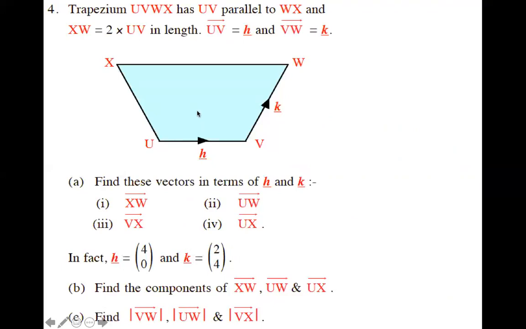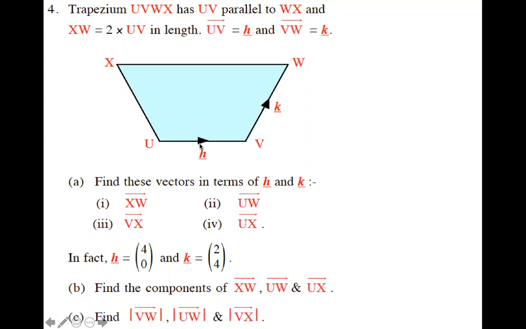So we had a trapezium here, U, V, W, and X. And we were told that the trapezium had UV parallel to WX, and XW was equal to 2UV.